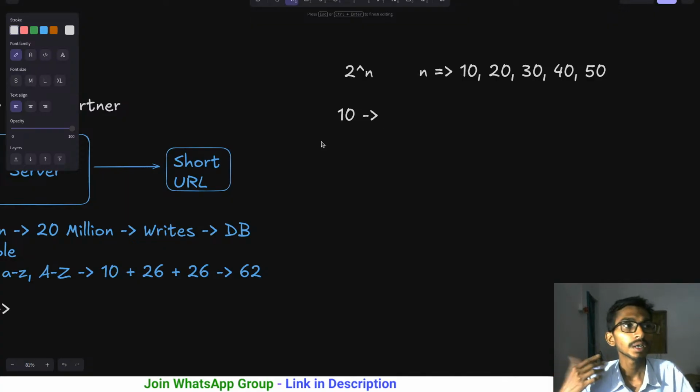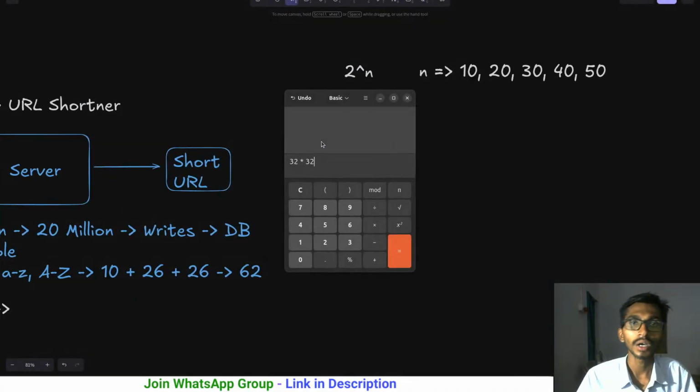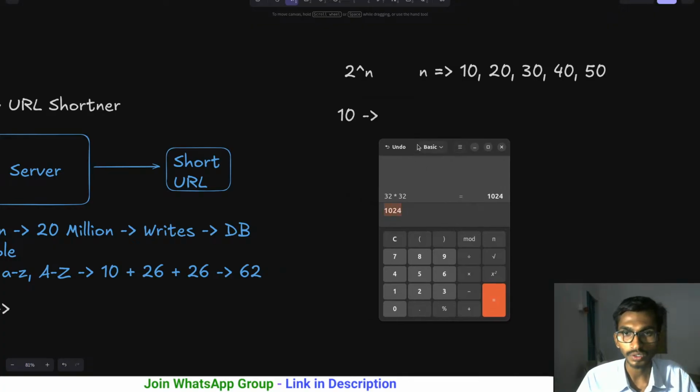It is not an exact number, it is approximate, but we do not consider the exact numbers. We are approximately calculating the stuff, because 2 to the power 10 simply means 2, 4, 8, 16, 32, 32 multiplied by 32. So it is 1024. It is not exactly 1000, but it is approximately 1000.